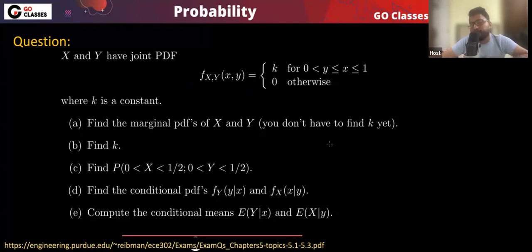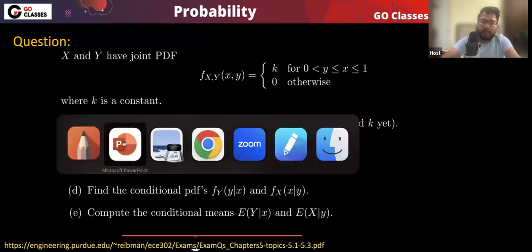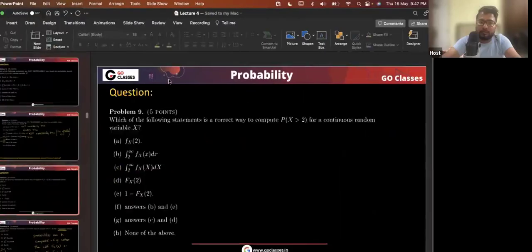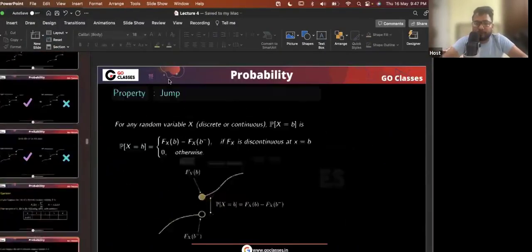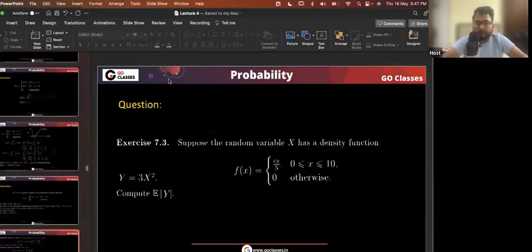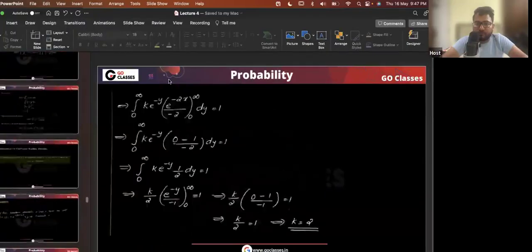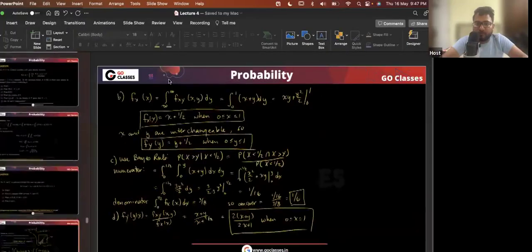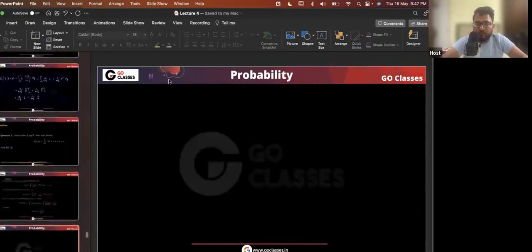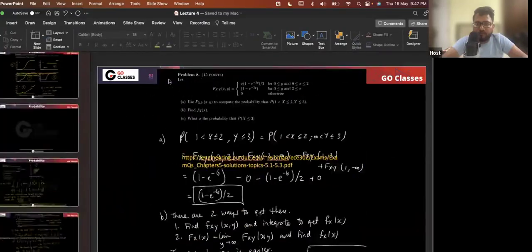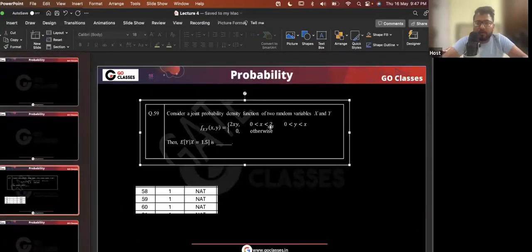You might be wondering whether this year GATE DA had this question. They have given the joint PDF and asked for the conditional expectation. I think I might have the question. Not sure. Let me see quickly. Yeah, right.